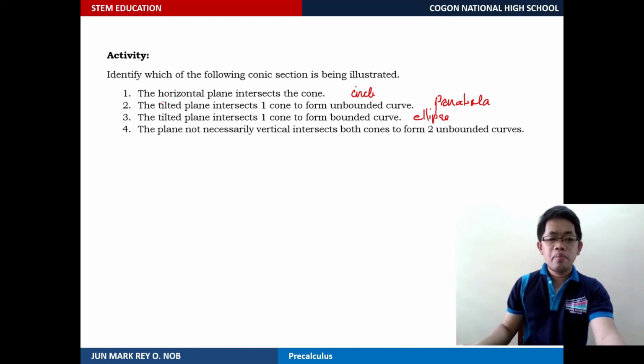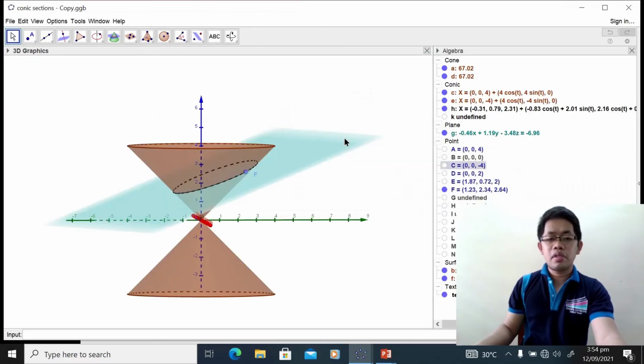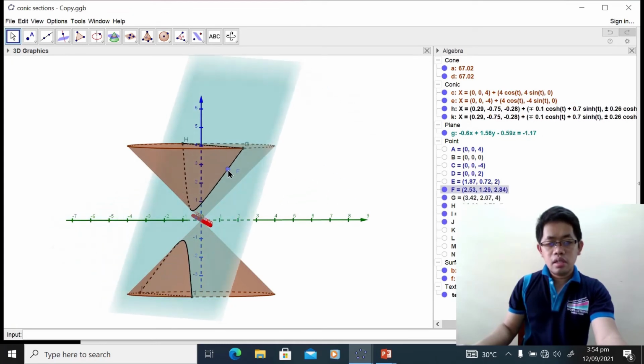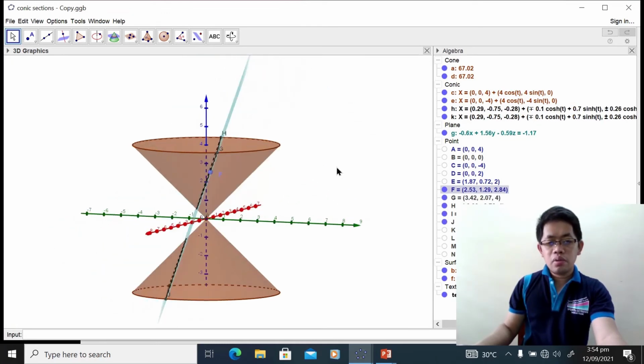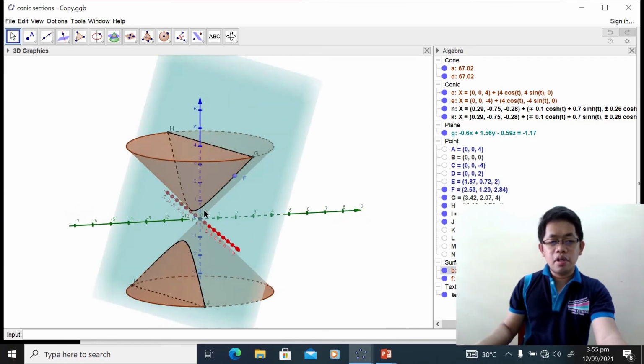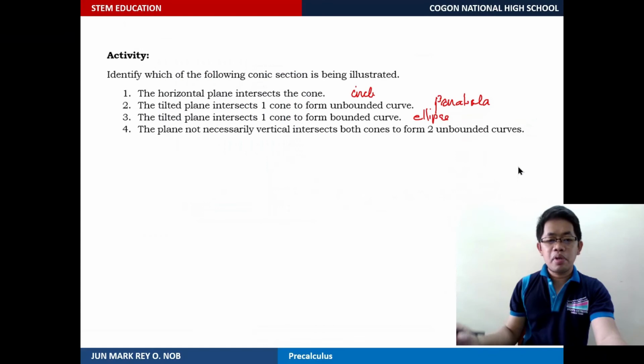Now, number 4, the plane, not necessarily vertical, intersects both cones to form two unbounded curves. So when the plane is tilted, intersecting two cones, not necessarily vertical, we can actually form what we call a hyperbola.